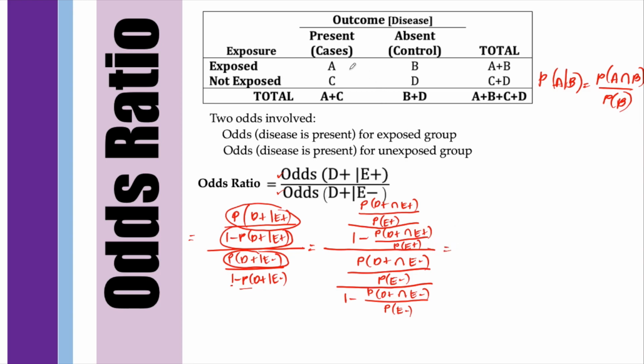Now, we may use these four values in replacing these probabilities here. This part here refers to this.